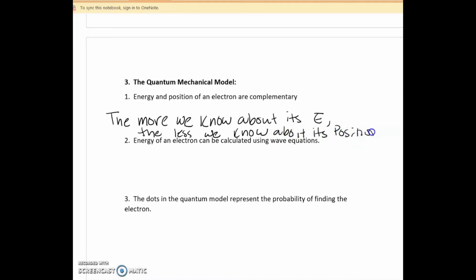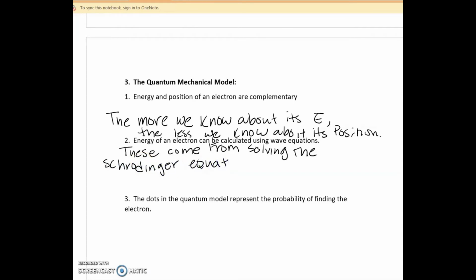Okay. Well, how do we get the energy? The energy of the electron, we calculate using wave functions. These wave functions come from solving the Schrödinger equation.